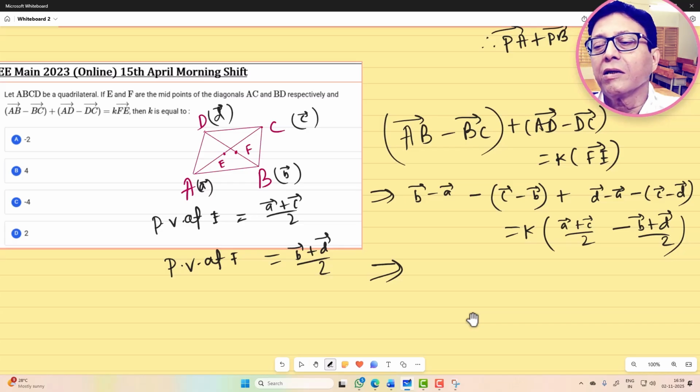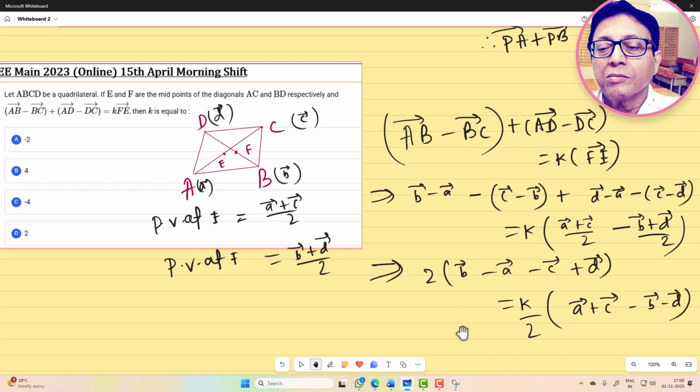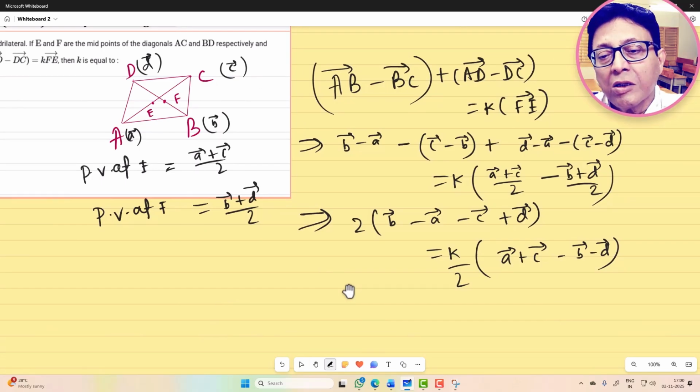Being repeated: B is occurring twice, minus A is occurring twice, and minus C also occurring twice, plus D occurring twice. K into K by 2 you take common, A plus C minus B minus D. It's alright. So therefore, what do you get here?